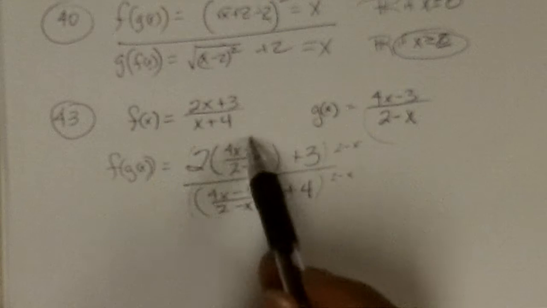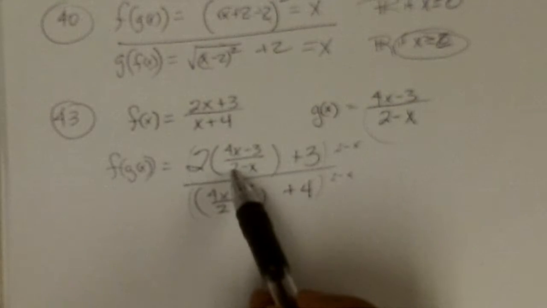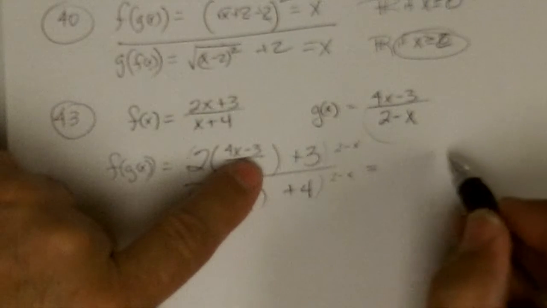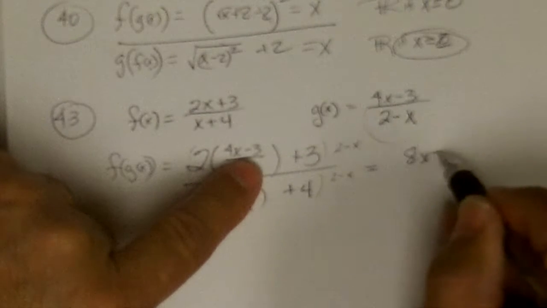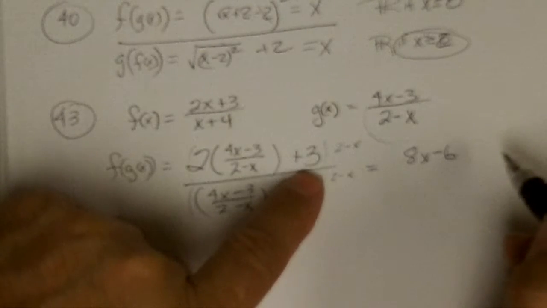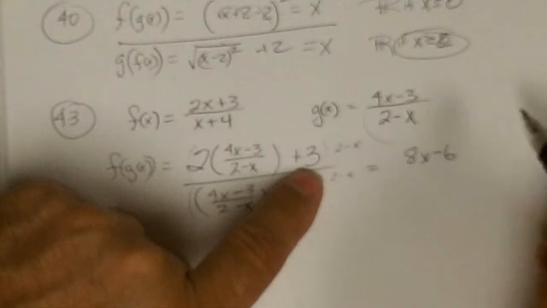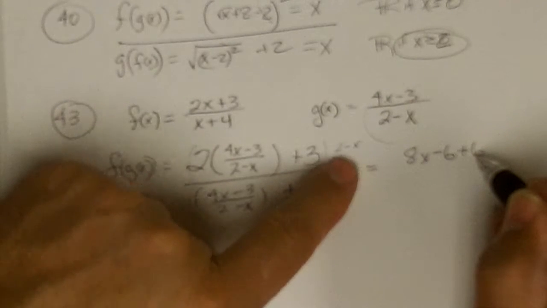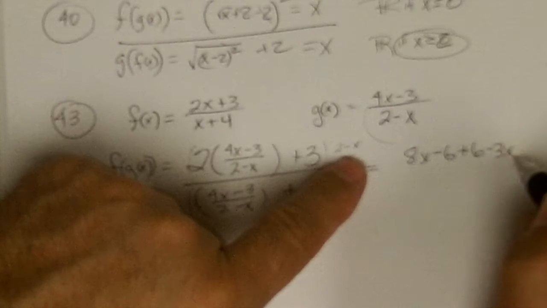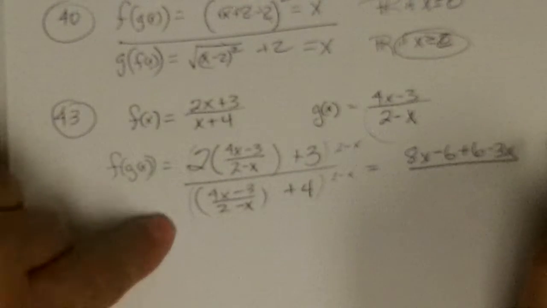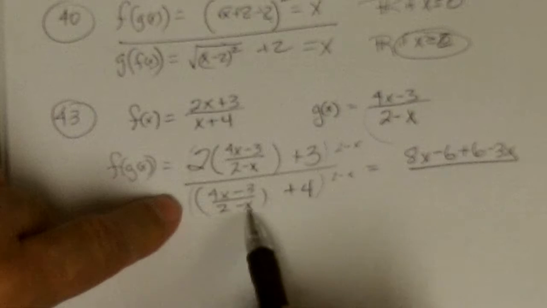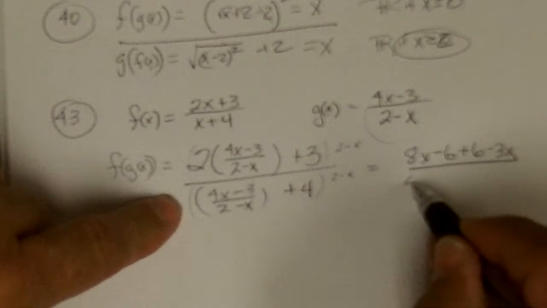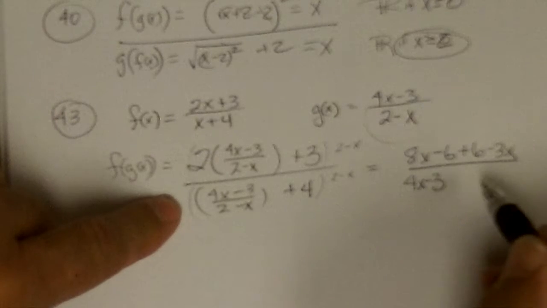This times this quantity, the 2 minus x cancel, and I get 8x minus 6. And then I have 3 times the 2 minus x, which is going to be plus 6 minus 3x over 2 minus x times this quantity would leave the 2 minus x would cancel, and I'd get 4x minus 3.